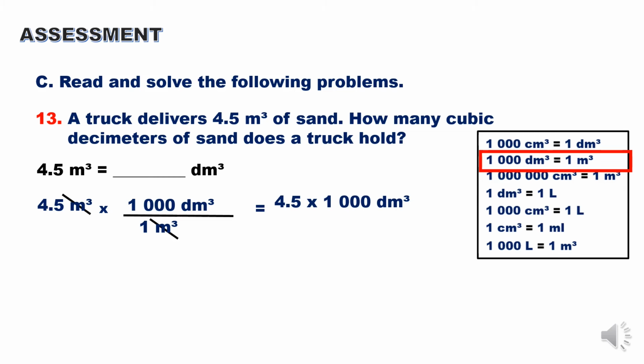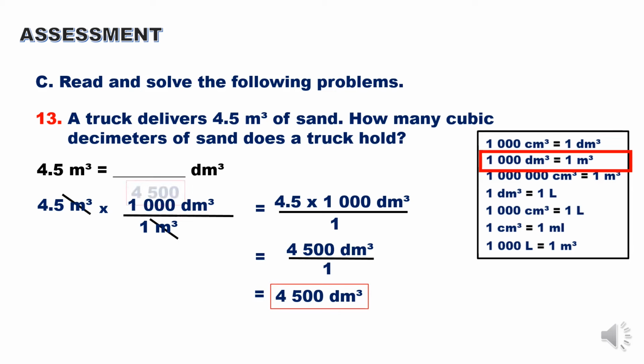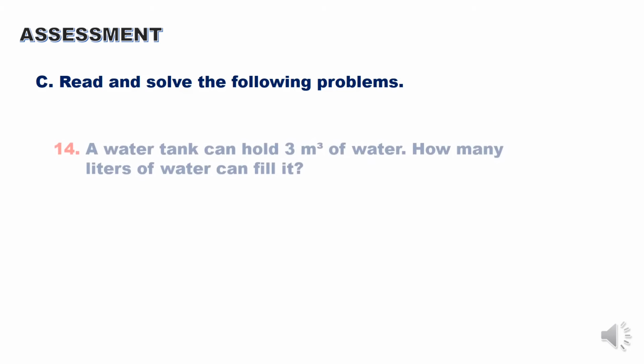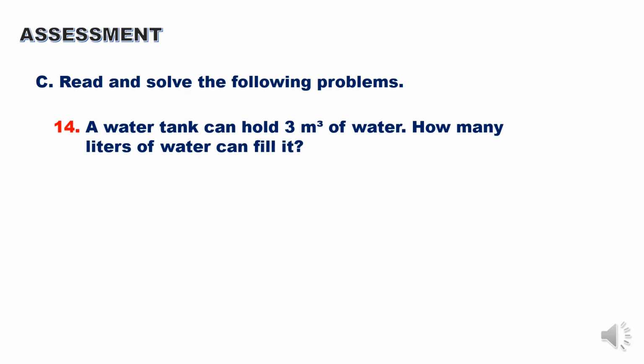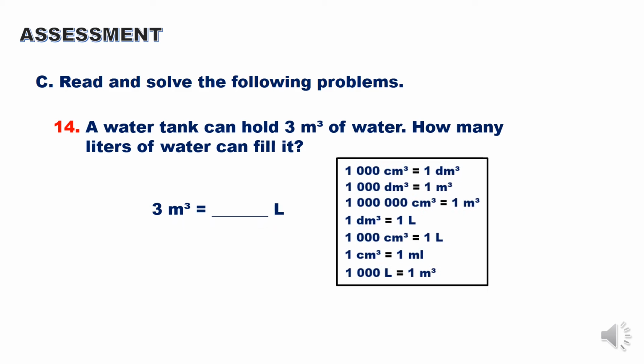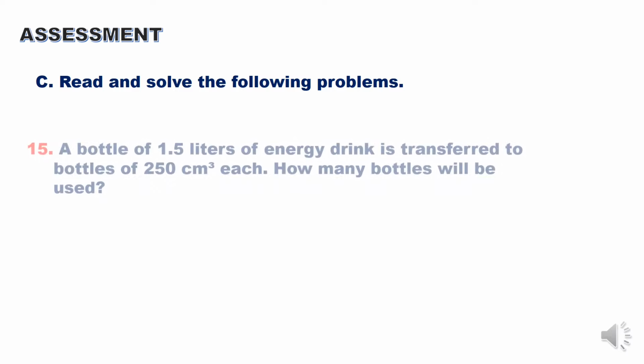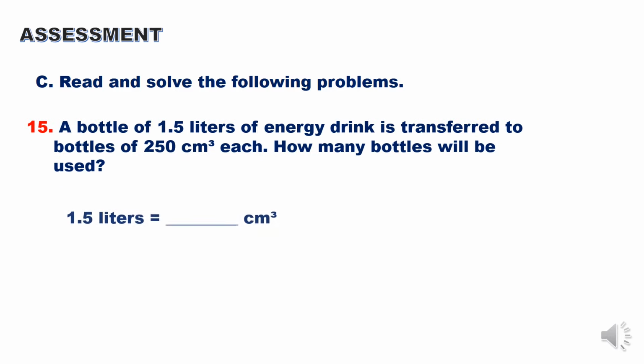Let's multiply 4.5 times 1,000 divided by 1. And that is 4,500 cubic decimeters divided by 1, same as 4,500 cubic decimeters. And I know you can do number 14 using this conversion table. And also number 15.